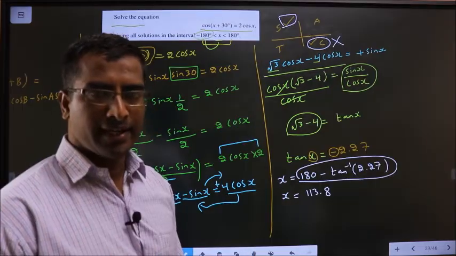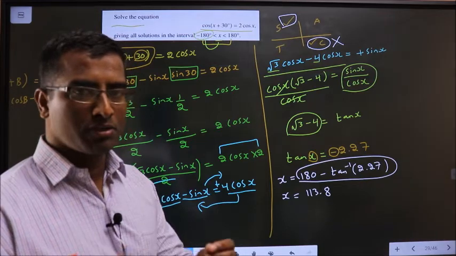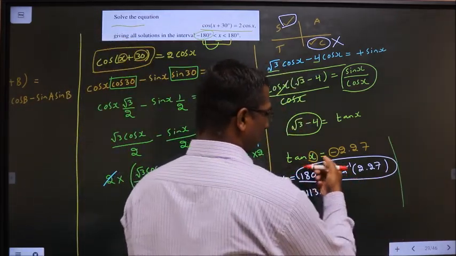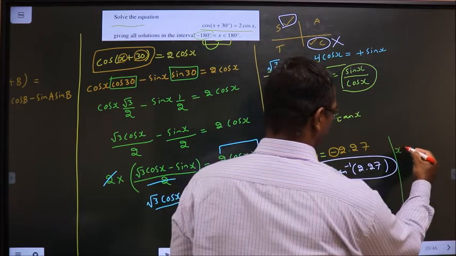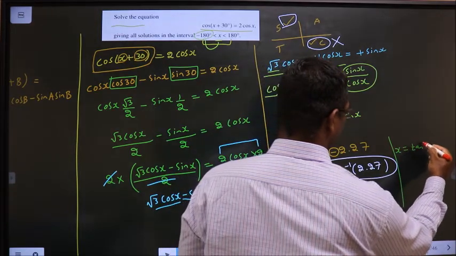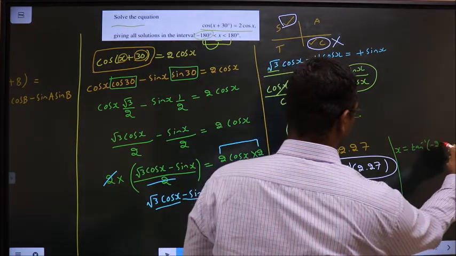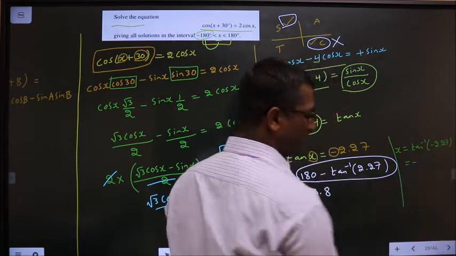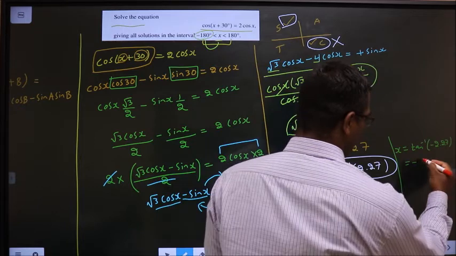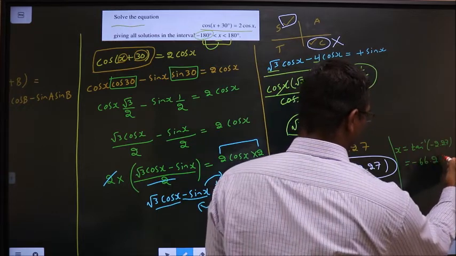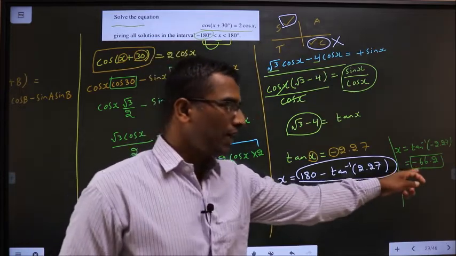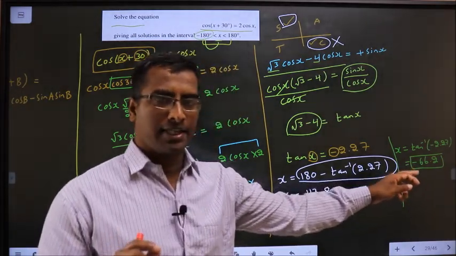So to get that negative value for x, what you should do is directly send tan to the other side. So x equal to tan inverse of minus 2.27. So this will give you, put this in the calculator, you get the answer to be minus 66.2. So this is that negative value for x in the interval satisfying the given equation.